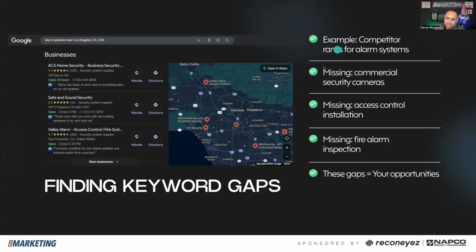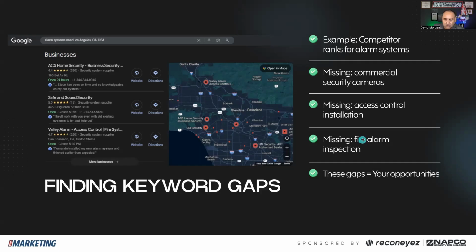Keep in mind, you want to identify all the services that you provide and the keywords and phrases that are showing up in the maps. Then we want to do this type of competitive analysis and research, optimizing our Google business profile specifically toward that, putting ourselves in the best position.